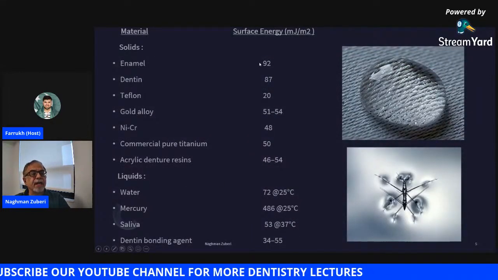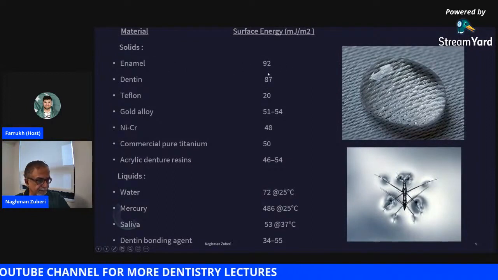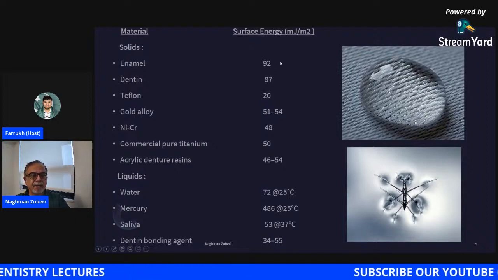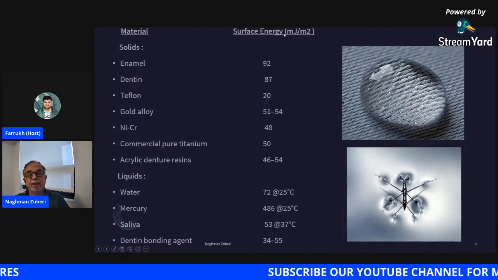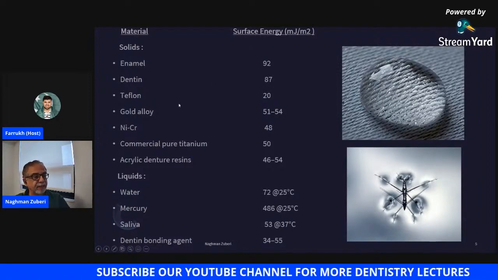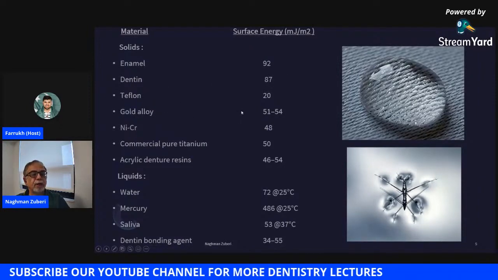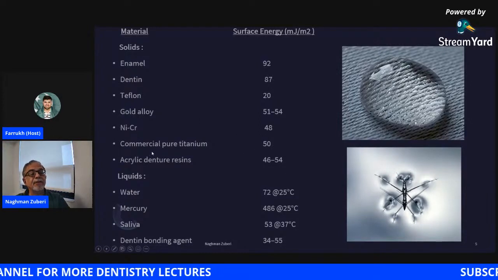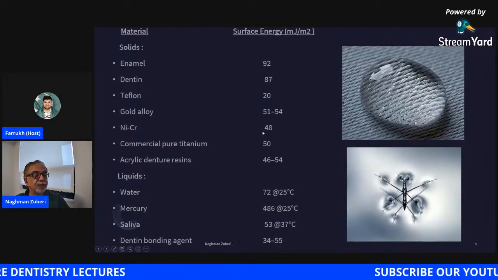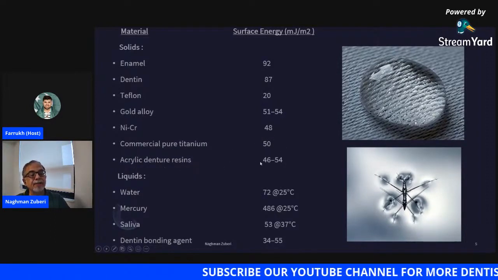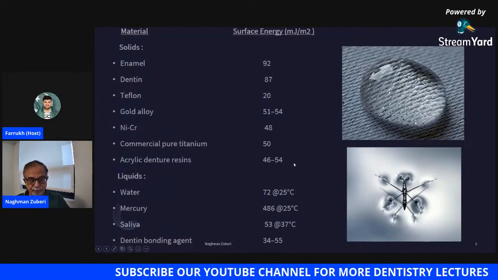Different surfaces have different surface energies. When we talk about the solids, enamel is 92 millijoule per meter square, dentine 87, Teflon 20, gold alloy 51 to 54, nickel chromium 48, commercially pure titanium, which we use in dental implants, 50, acrylic denture resins 46 to 54.